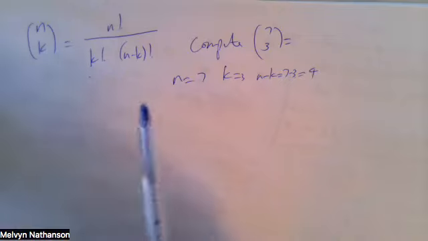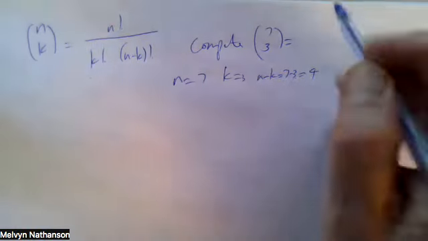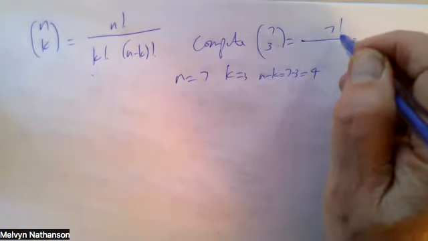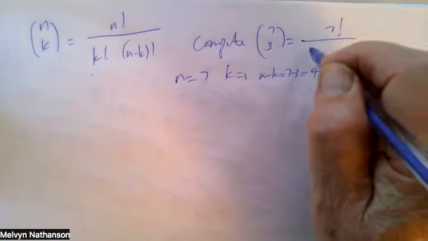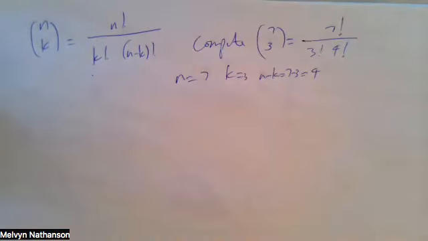And I will pause for a moment to give you a chance to do that calculation. So in this case, n is 7, k is 3, n minus k is 4. So if you do the calculation, this is going to be 7 factorial divided by 3 factorial times 4 factorial.